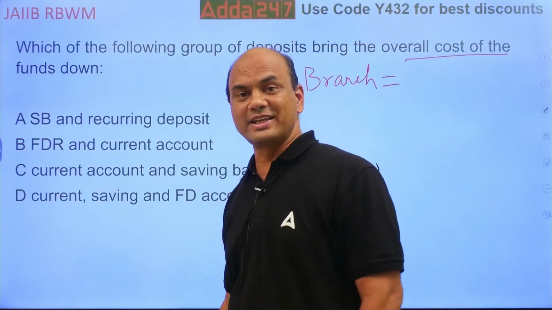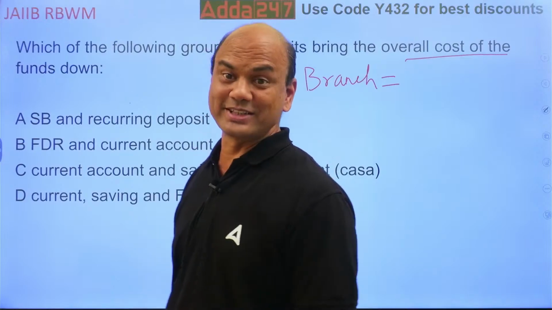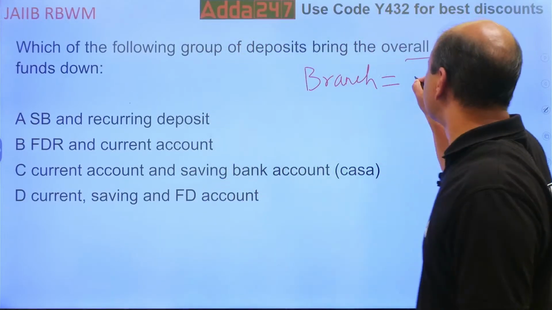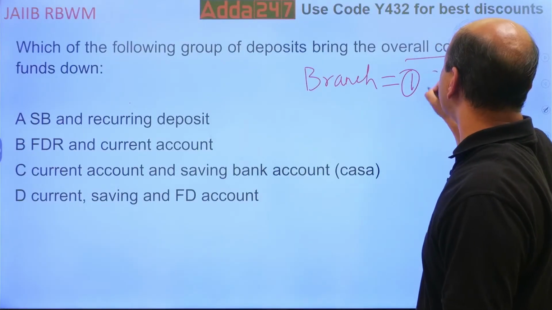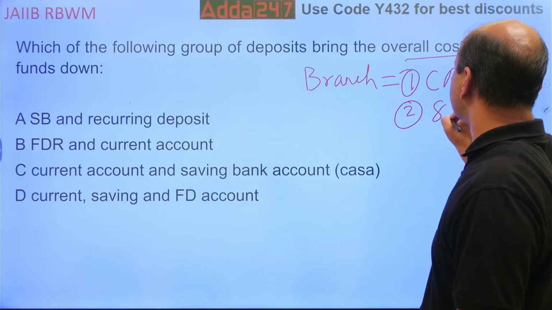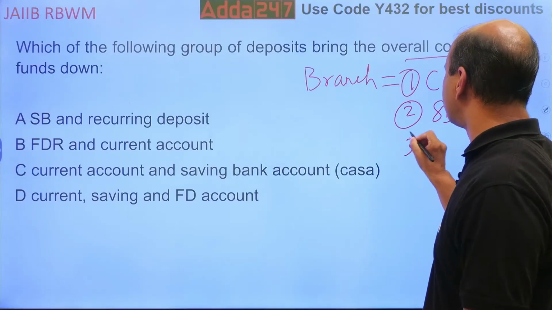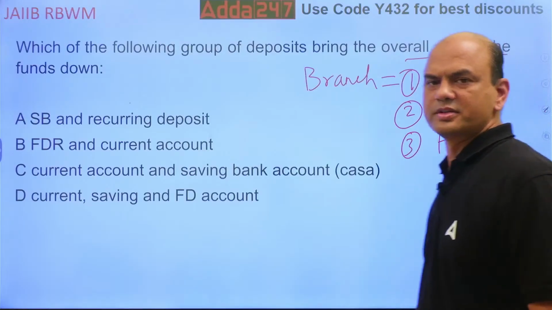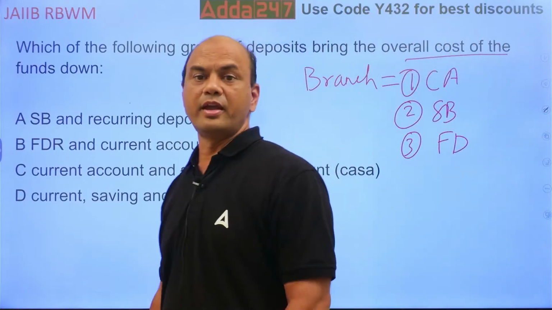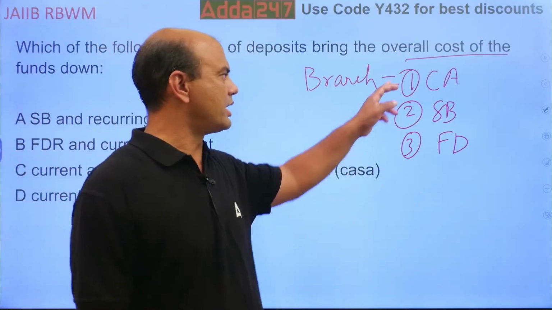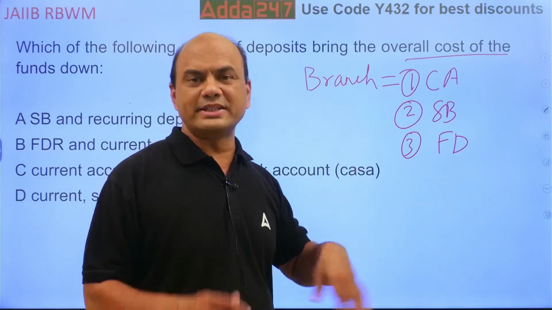Some of you will say savings, but on savings I have to give interest, isn't it? Current is number 1. I'll always like the current account. Second, savings account. And third, I'll require FD, because FD has higher cost, isn't it? So, current account, then saving, and then FD.